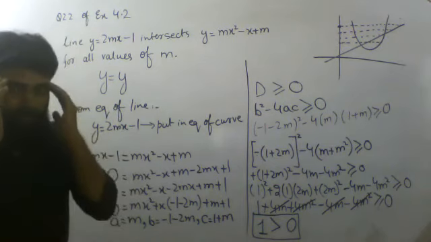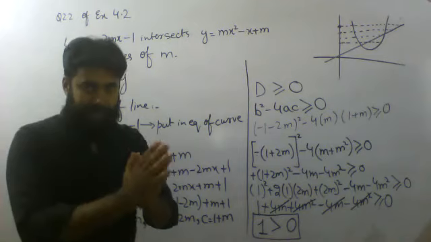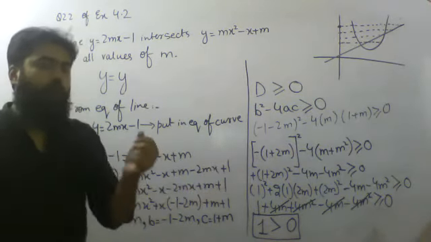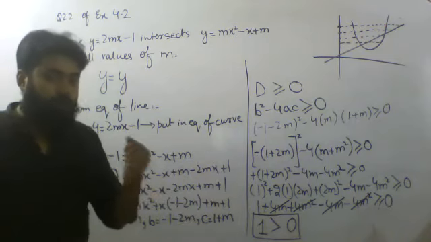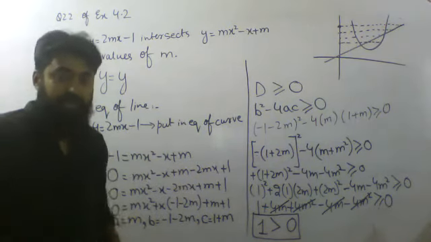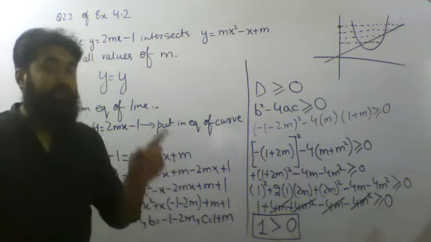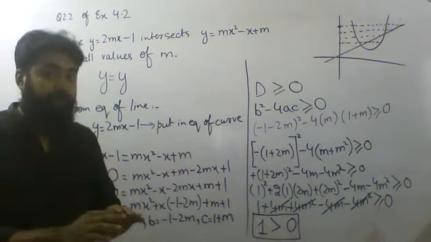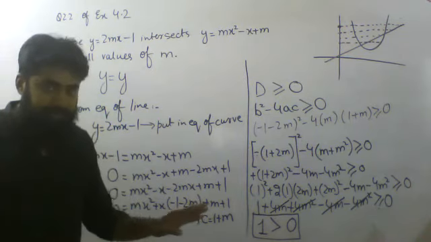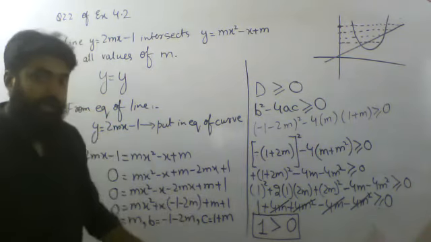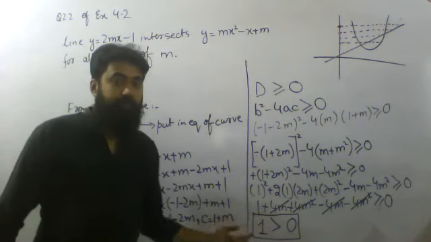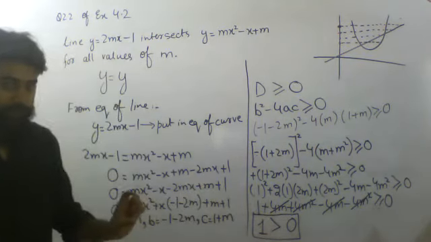Keep that in your mind: when they say for all values of m, or for all values of p or c, this thing is possible, it means whenever you solve it, it will eventually get cancelled at some stage and you will have an answer given only in constant form.